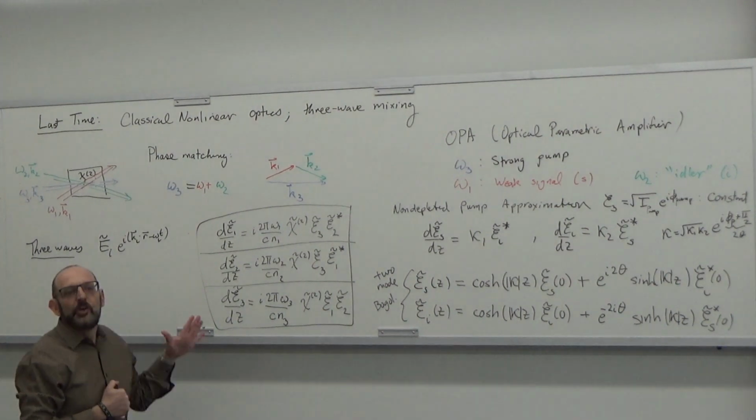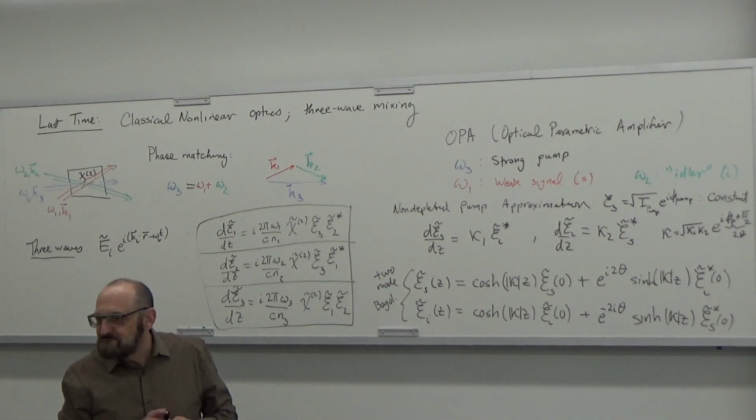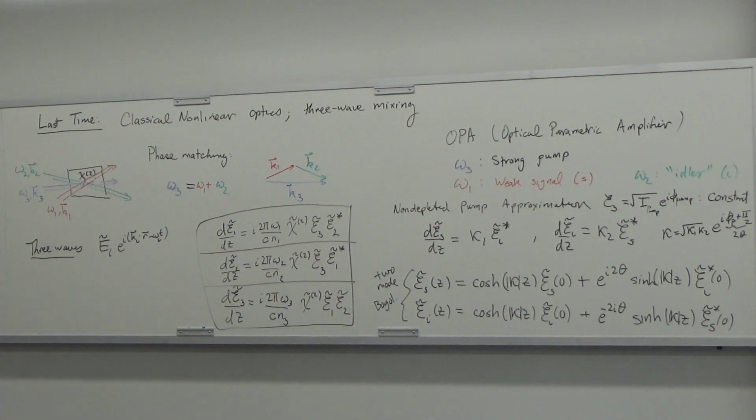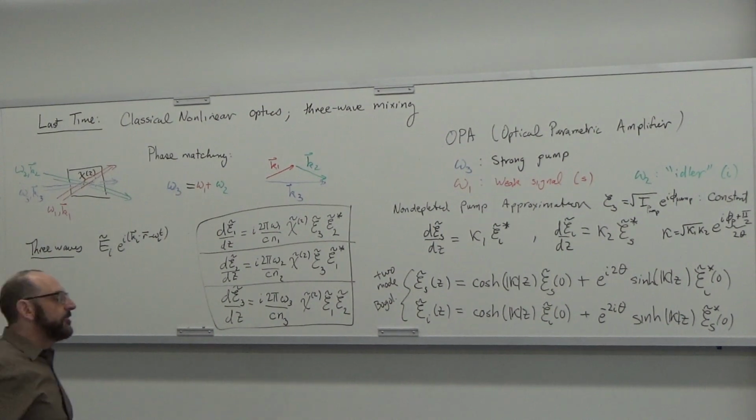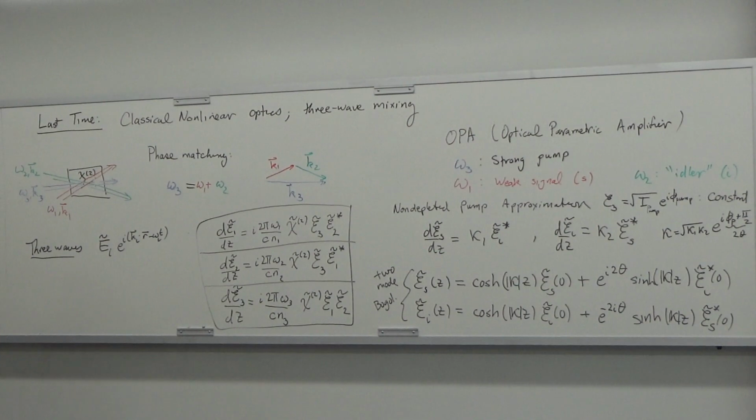And the specific example we're going to look at is what's known as an OPA, or an optical parametric amplifier. The idea here is that we'll take one of these waves, the one at the high frequency, it might be an ultraviolet laser, say, that we're going to have a good, strong intensity on.